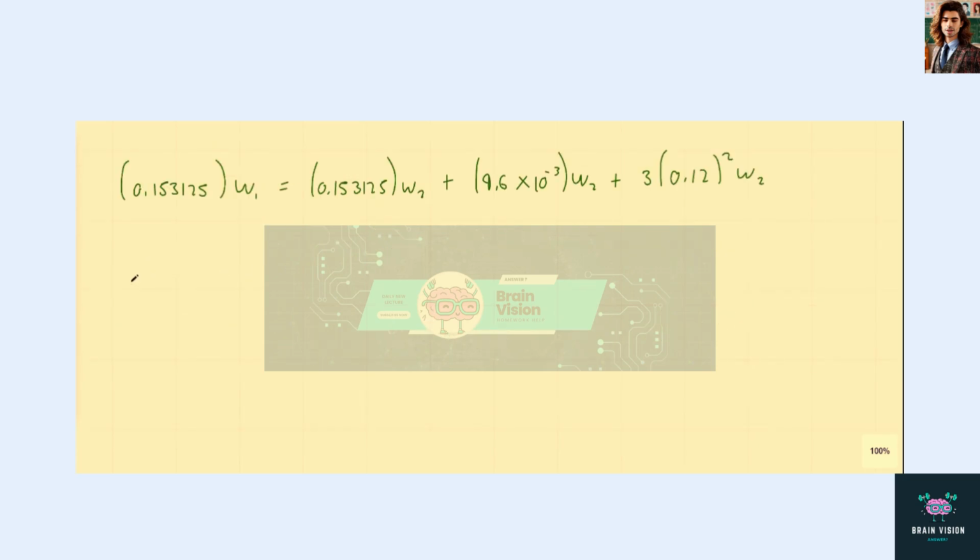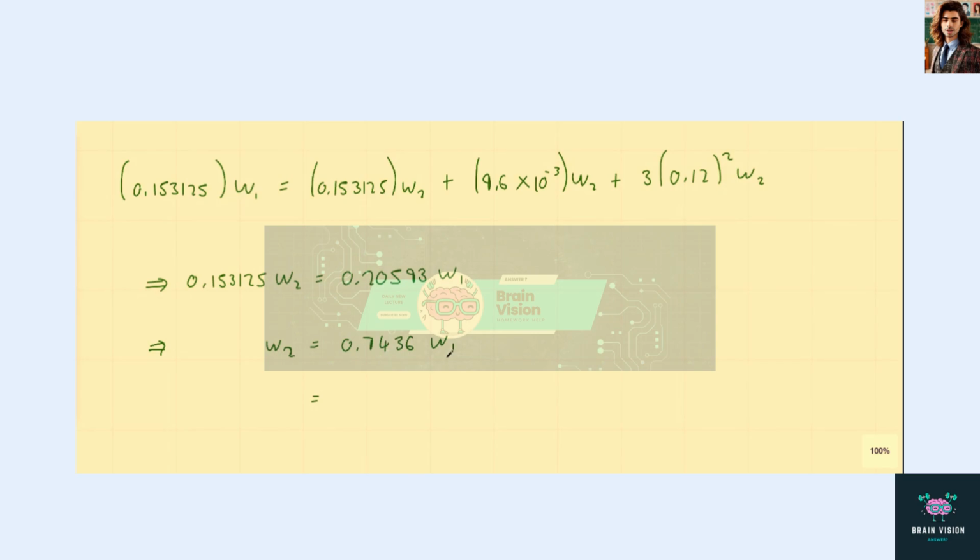And so if we simplify and rearrange this equation, we get 0.153125 multiplied by omega 2 is equal to 0.20593 times omega 1. And so omega 2 is equal to 0.7436 times omega 1.